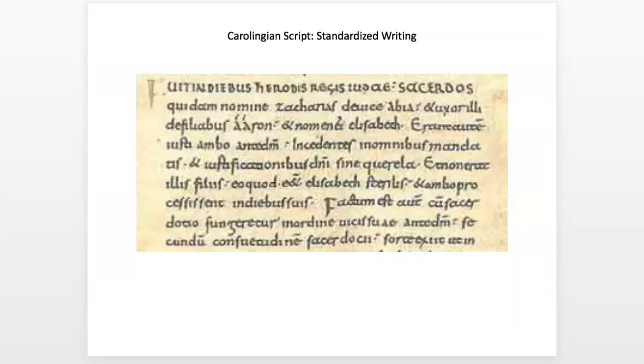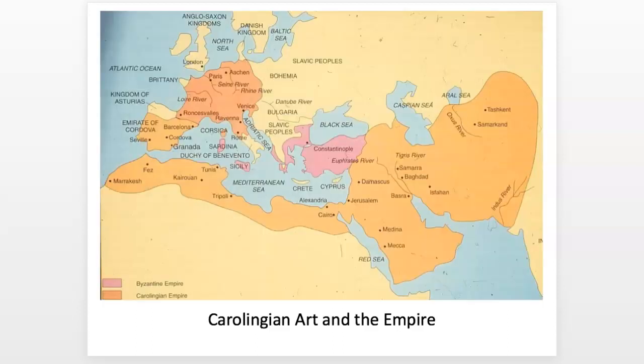Now, it's named after Charles Martel, the first of them, the grandfather of Charlemagne, and the Carolingian Empire is named after these guys, Charles Martel and his subsequent grandson, who was also the emperor.